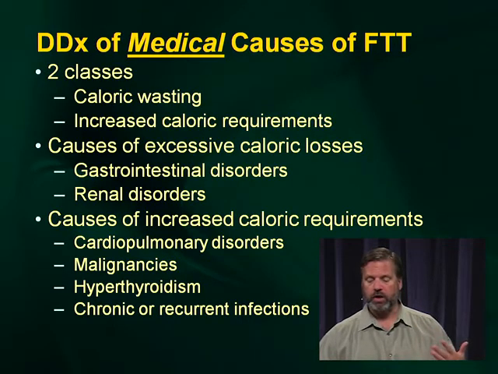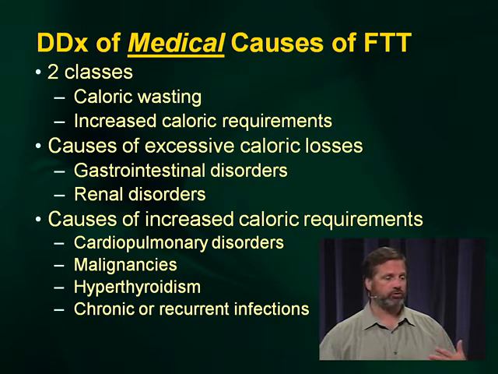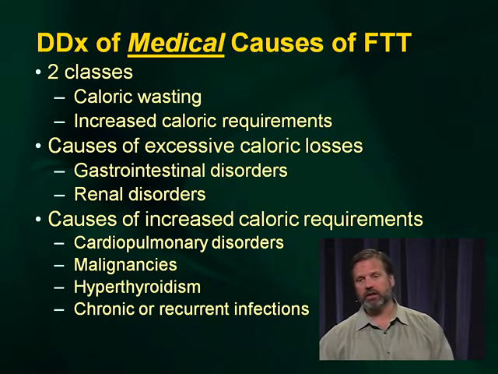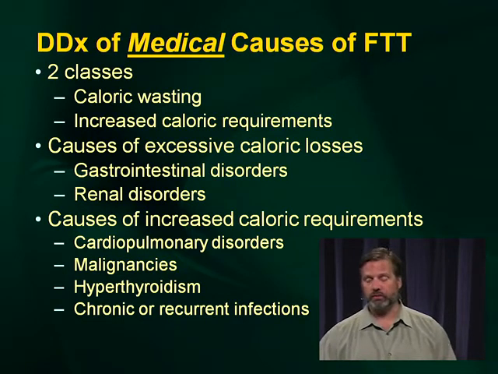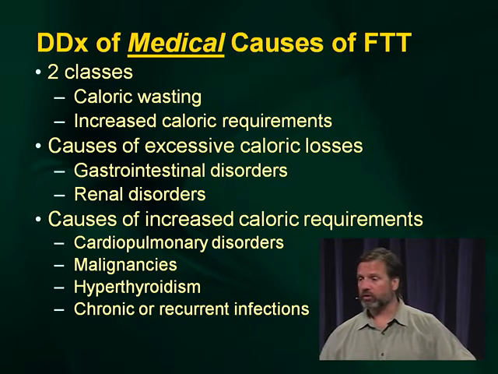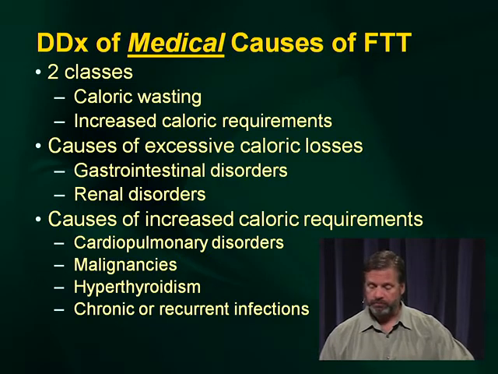The social causes are usually not enough calories coming in, right? That's usually the kid's not eating enough calories because of the social situation. If you're getting enough calories in, then the possibilities are that you're wasting some of those calories, or you have an increased caloric requirement. So you're not absorbing those, or you're using way more than would be expected.